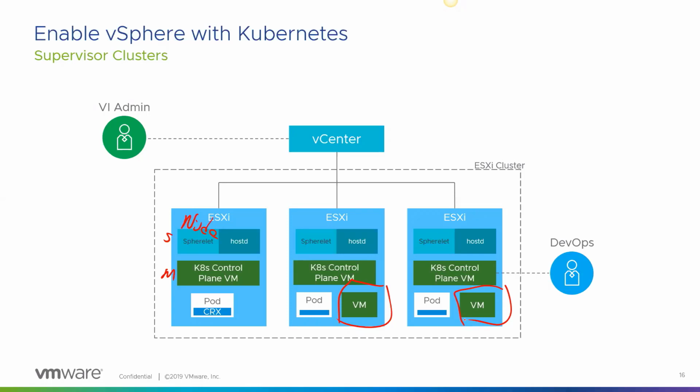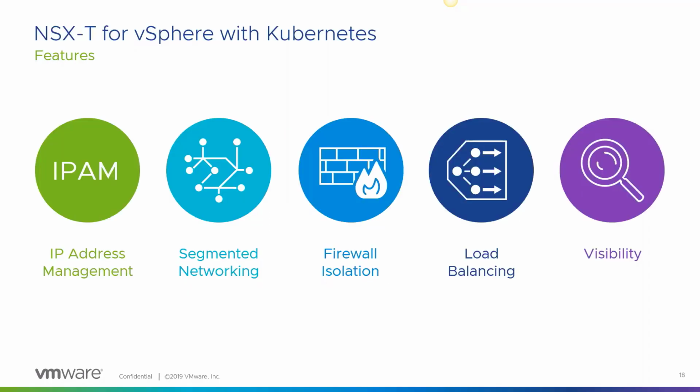And the namespace relegates essentially how much resources are dedicated to it, who can have access to it, and so forth. So the IT admin still has control, if you will. It's just that if they wanted more control over the underlying infrastructure, they can build their own infrastructure, but they're building that infrastructure on yours, and you've defined as the IT admin or the VI admin what they should have, what they have access to, and who has that level of access.